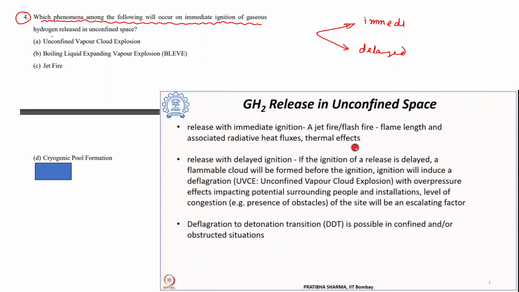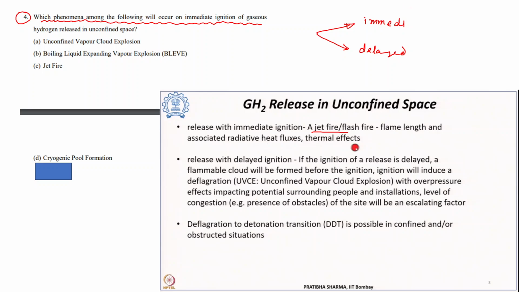Can you explain why immediate ignition causes jet fire or flash fire, and delayed ignition causes explosions? Anyone?